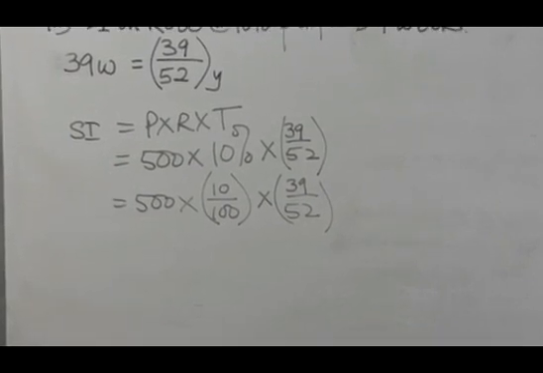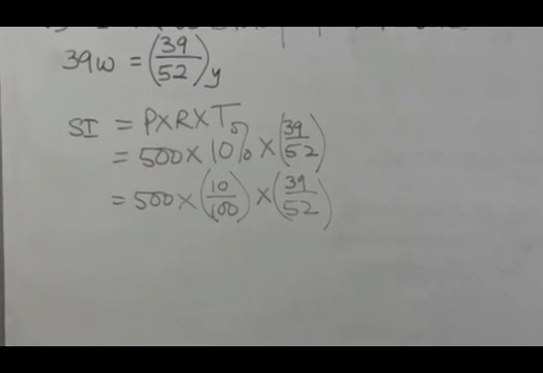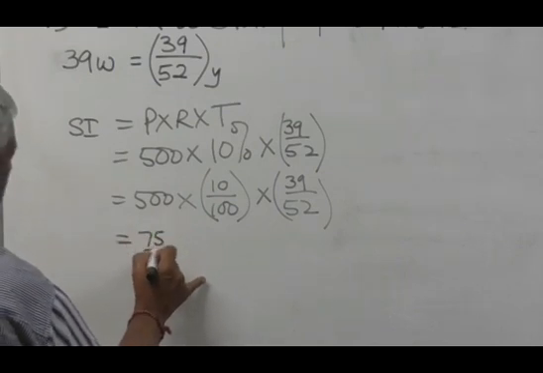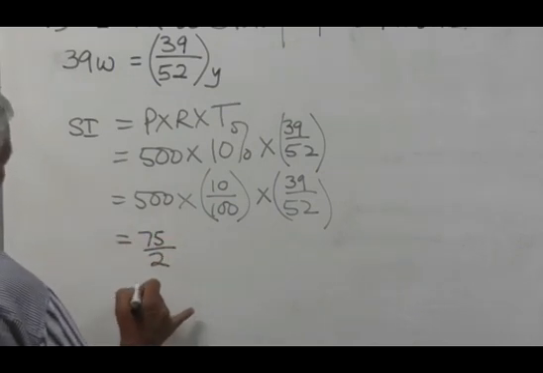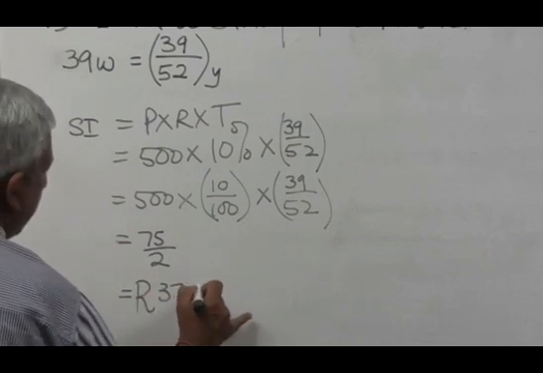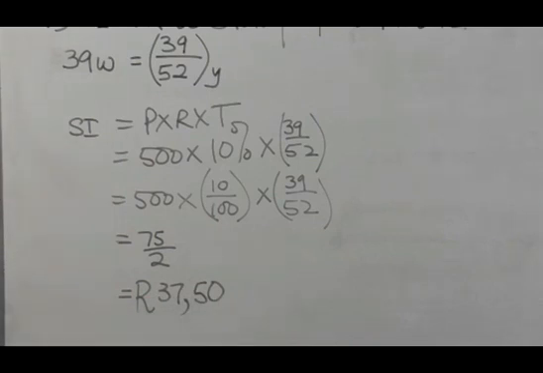You get 500 times 10 divided by 100 times 39 divided by 52 is equal to, and you get 75 over 2, which is equal to, convert to decimal fractions, 37 Rand 50. Alright, that was 4.3.